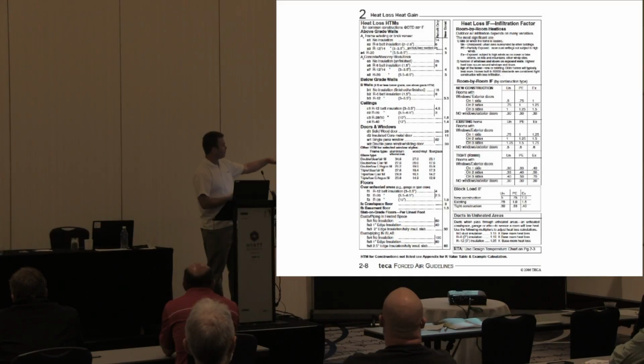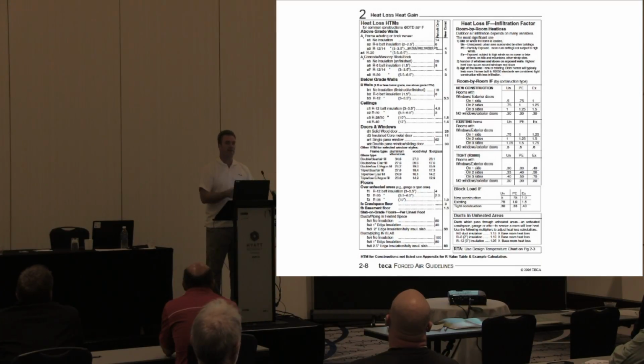On a brand new house, an unexposed house is a half times the volume of the house, 0.5, where an exposed house would be a 1 factor. So if the volume of your house was 20,000 cubic feet, it'll be 10,000 BTUs heat loss compared to 20,000 if the same house was sitting on top of a mountain.